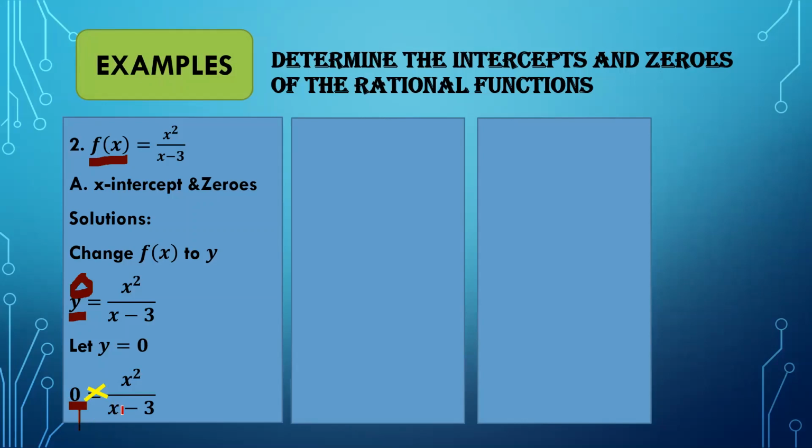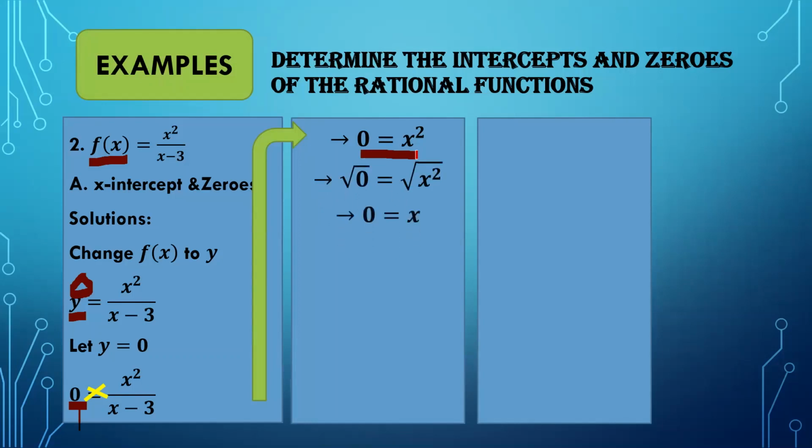So 0 times x minus 3 is 0, and 1 times x squared is just x squared. So therefore, 0 is equal to x squared. In order to eliminate the square, we will take the square root of both expressions. So therefore, 0 is equal to x, or x equals 0.